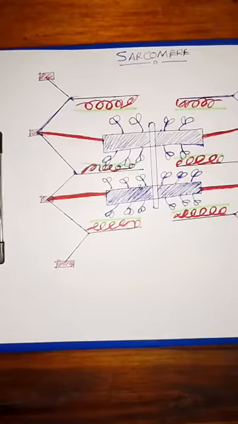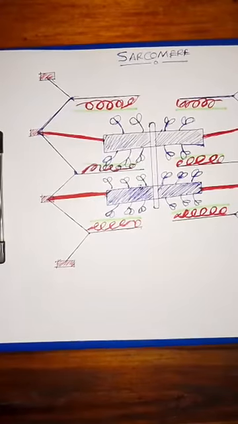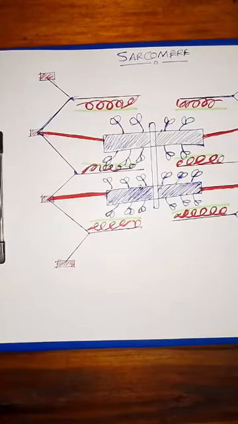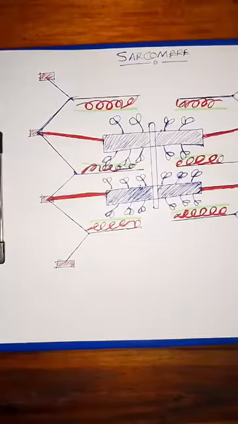Sarcomere is the basic functional and structural contractile unit of striated muscle. What are these striated muscles that I said?